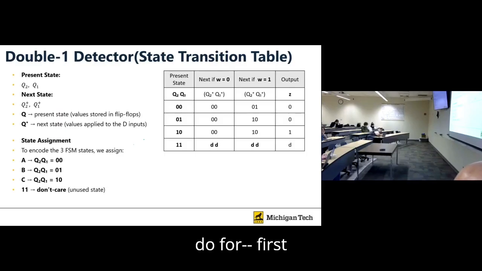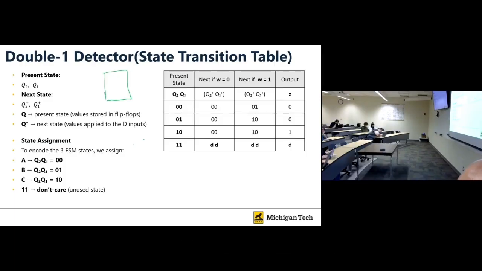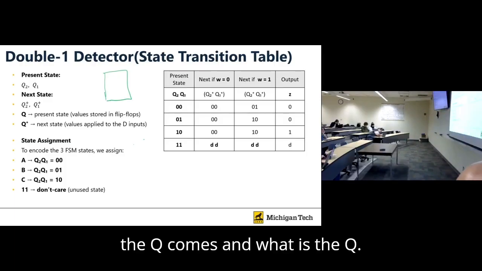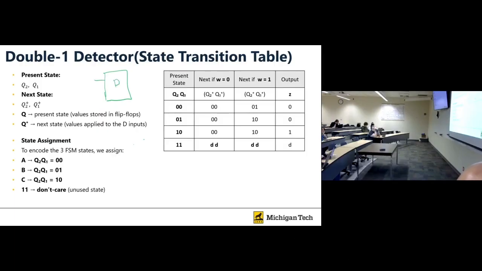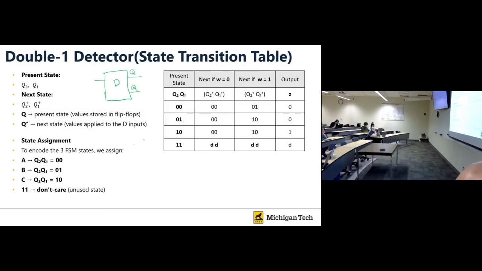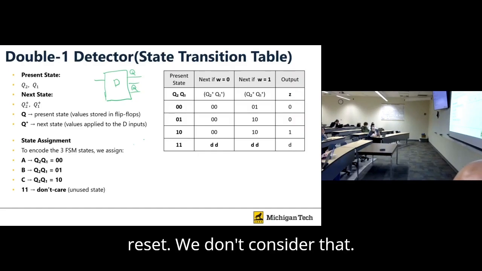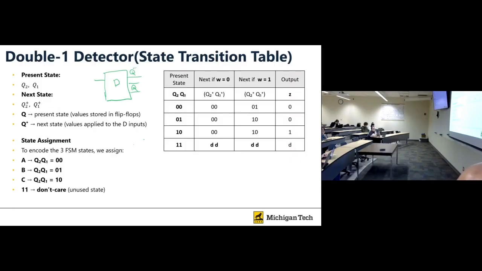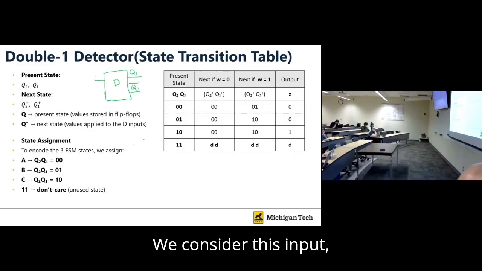So first of all, we want to see what is the Q plus and what is the Q. For example, this is a D flip-flop. In a D flip-flop, we have an input and two outputs, Q and Q bar, and another input, clock or reset, which we don't consider. For example, this is for Q1, and we consider this input Q1 plus.